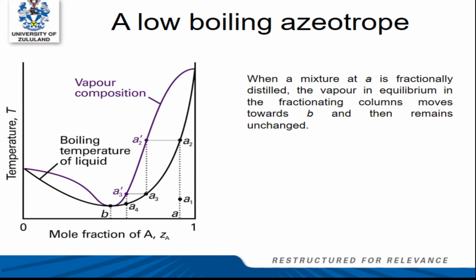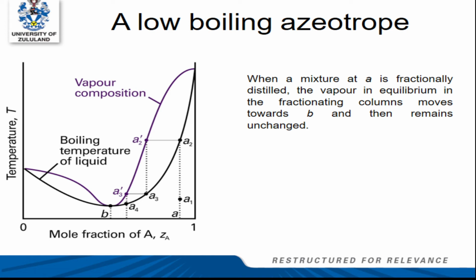That liquid reaches equilibrium with its vapor at A prime 3, which condenses higher up the tube to give a liquid of the same composition, which we are now going to call A4. The fractionation therefore shifts the vapor towards the azeotropic composition at B, but not beyond.